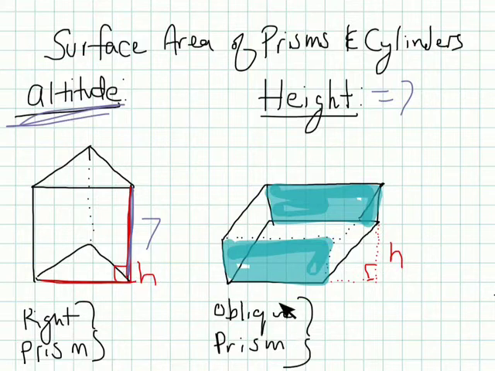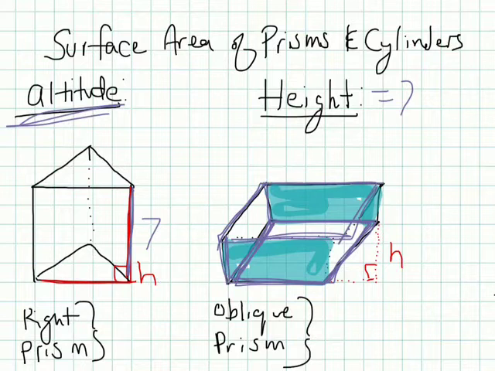Let's look at the oblique prism. An oblique prism is where some or all of the lateral faces are not rectangular. You can see this face, and I'll use a new color here, is a parallelogram. It's not a rectangle. This face is a rectangle, but this one in the back is not a rectangle.